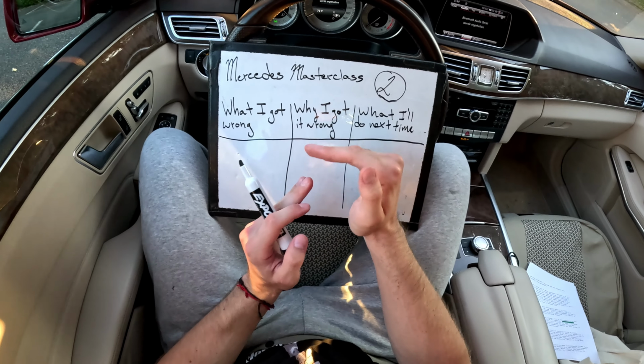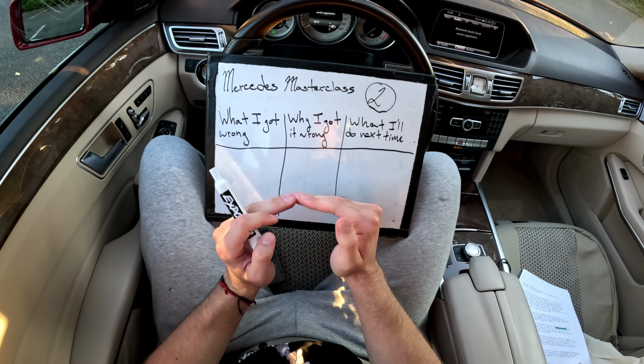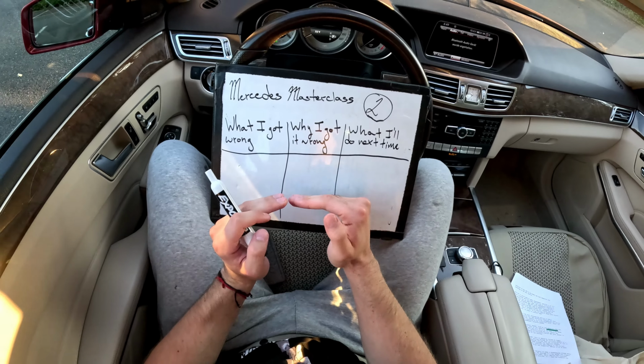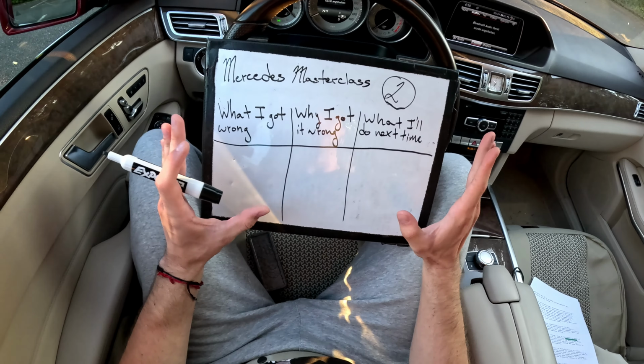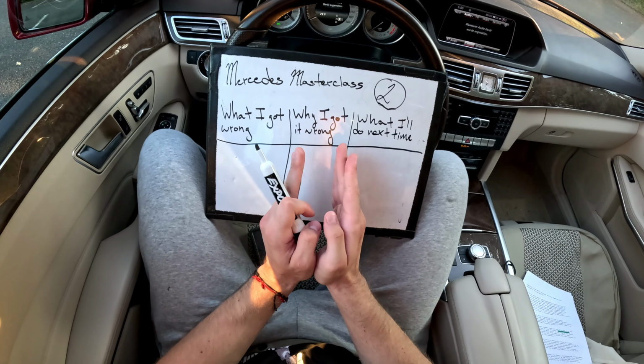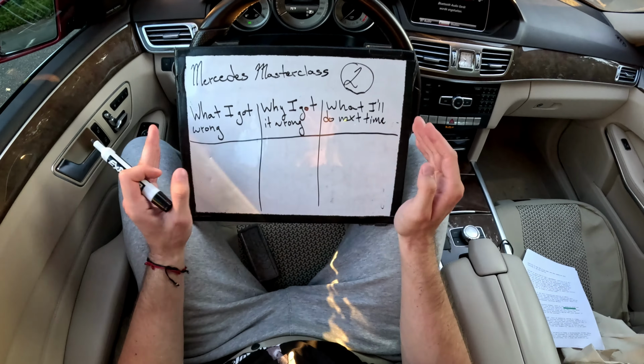Again, figure out what it was, why you got it wrong, and why the correct answer is correct. That is as far as we need to go for "why I got it wrong."